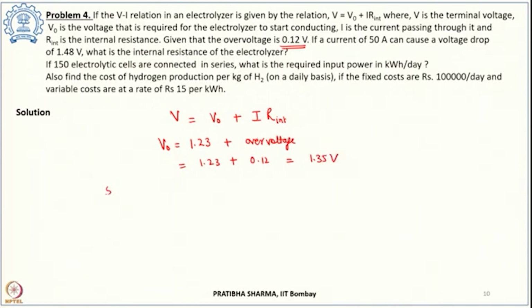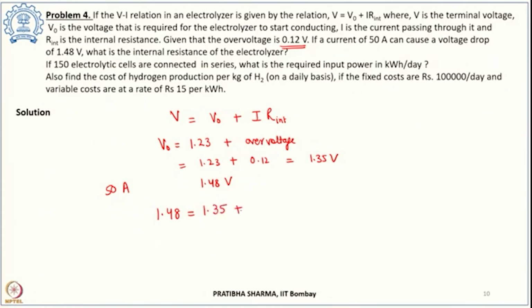It is mentioned that 50 amperes can cause a voltage drop of 1.48 volt. So, that means the voltage drop of 1.48 is caused by 50 amperes of current, given that V naught is 1.35 volt.